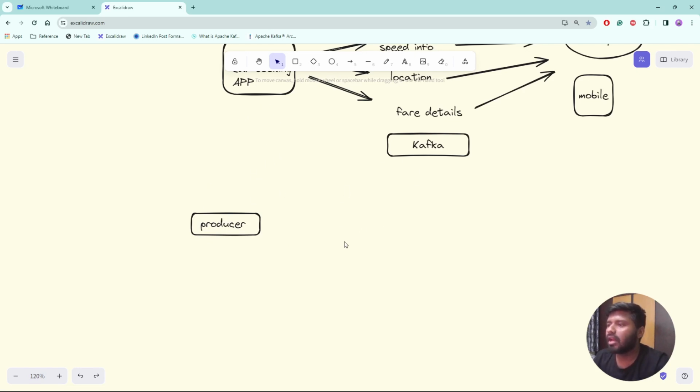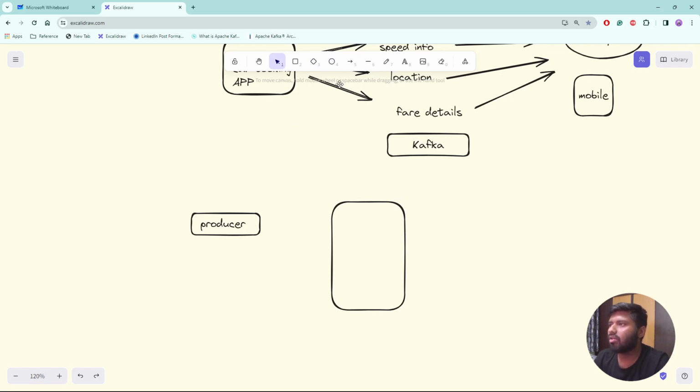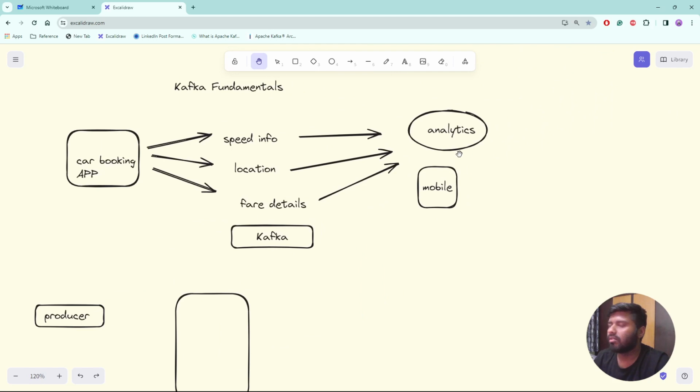Now in between, we introduced Kafka as part of our solution. This is my Kafka instance, and we already described a couple of mobile devices and a couple of other services that are taking the information my car booking application is generating.